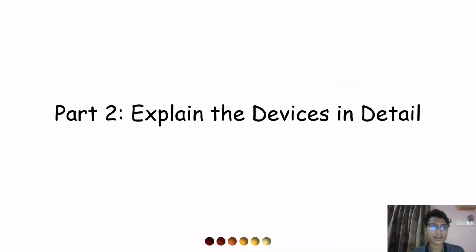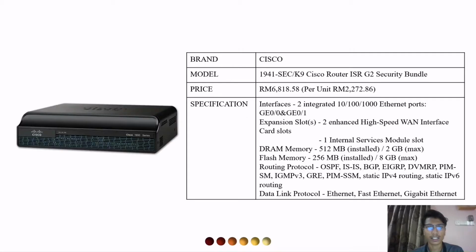Okay, next Part 2, explain the devices in detail. Okay, first is about the router. The brand is Cisco, and you can see the model name is 1941-SEC/K9, which is a Cisco router ISR G2 security bundle.